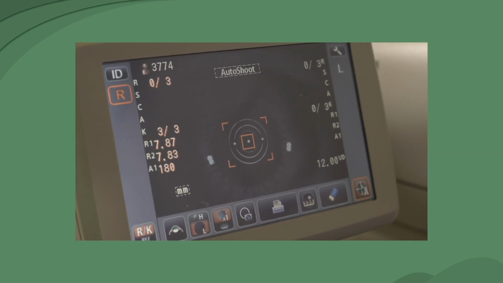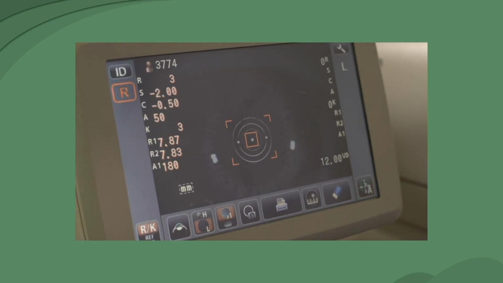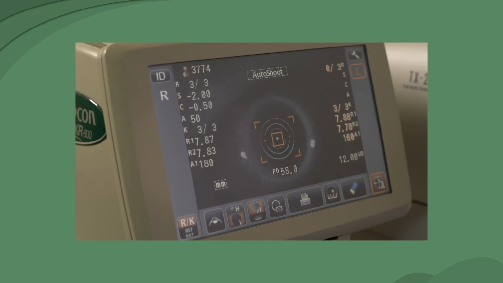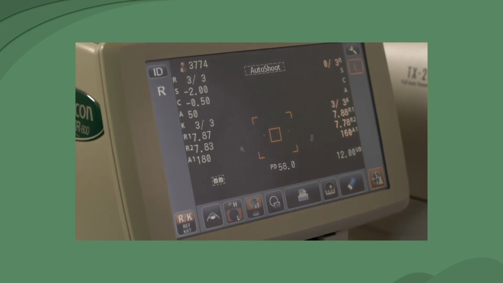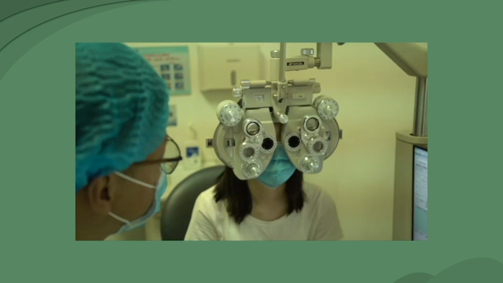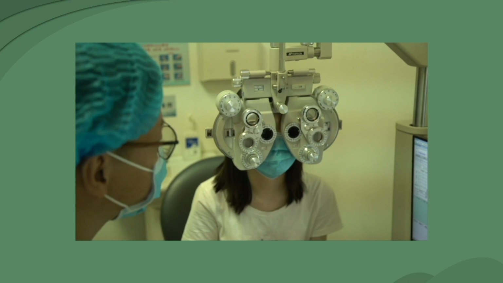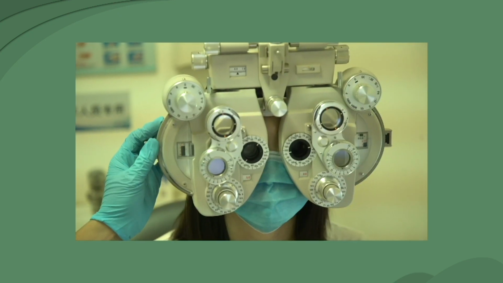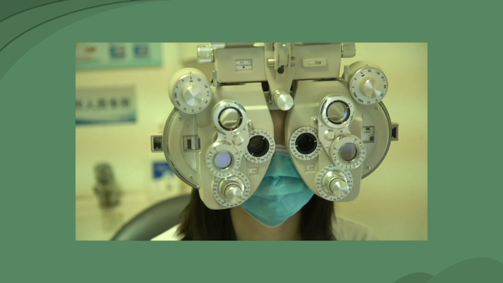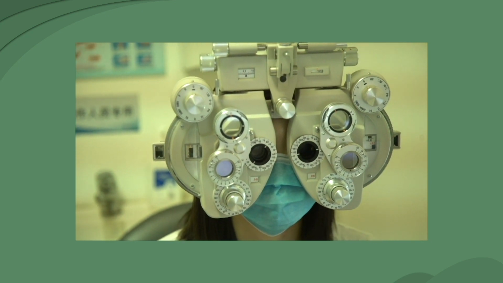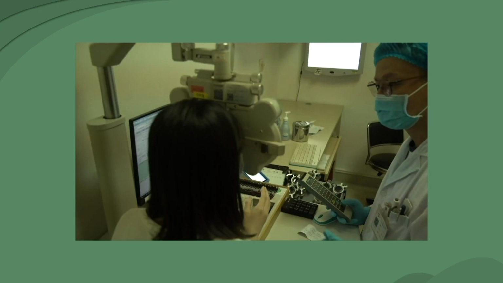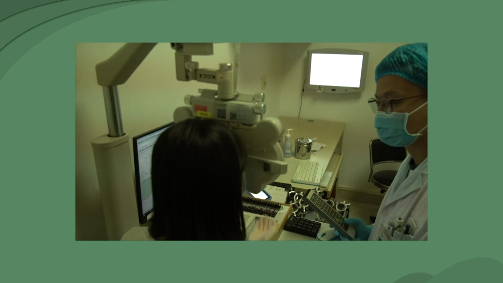Objective refraction means the measurement of refractive error of an eye without input by the patient. Objective refraction is usually performed using retinoscopy or an autorefractor. Subjective refraction relies on the patient's response. The results of objective refraction are used as the starting point, and then the examiner adjusts the lenses until the clearest image is obtained.